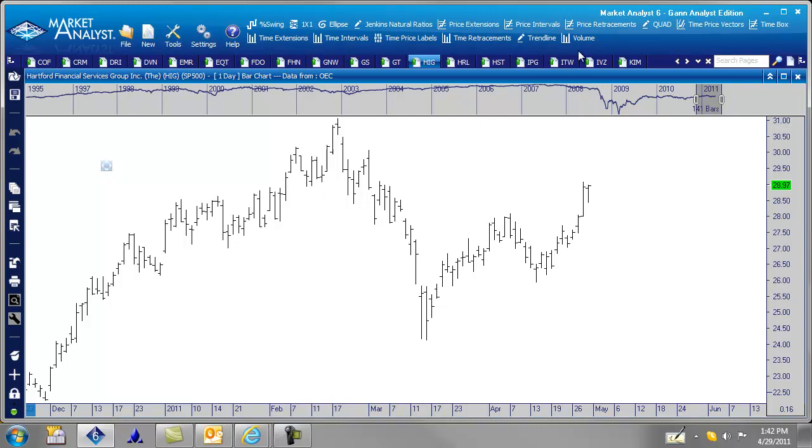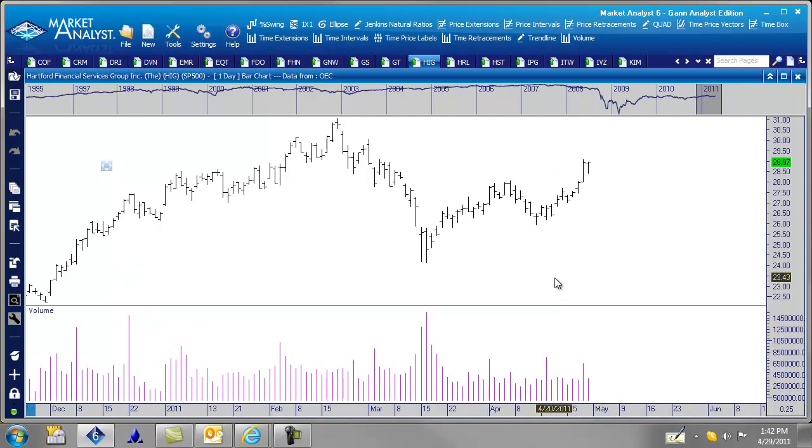So what we do is we go over here to volume, drop volume on the bottom. Over here, the WX leg, remember we want to see a decline in volume during this leg. So high volume here, lower volume here.